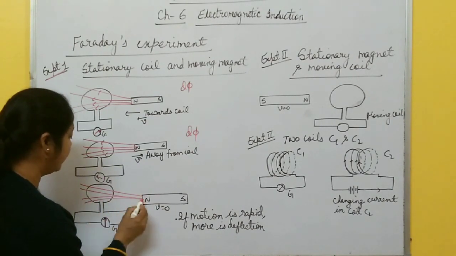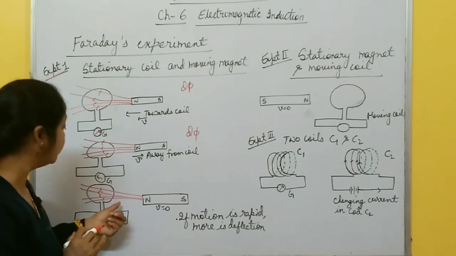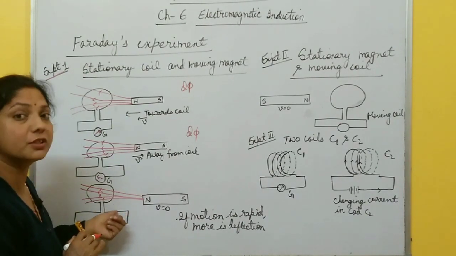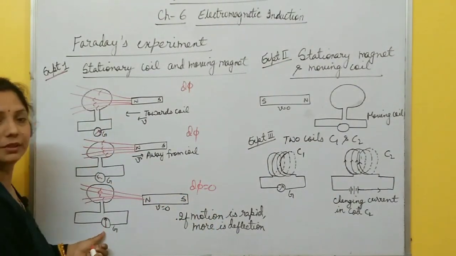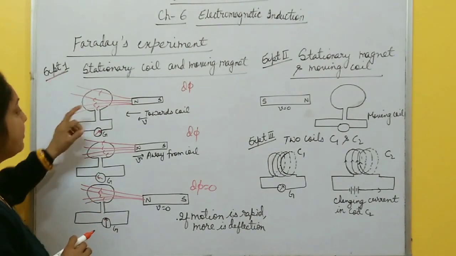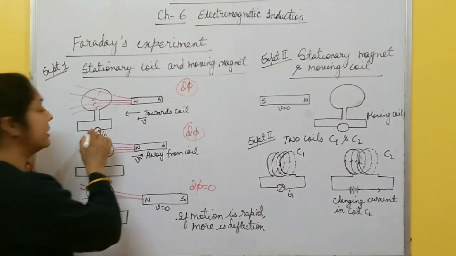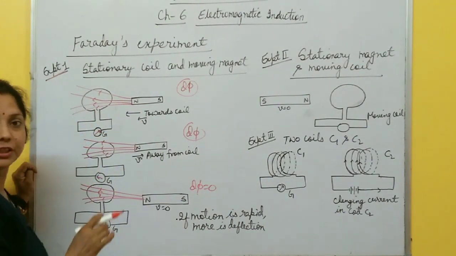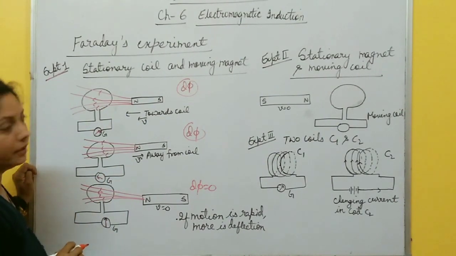If 4 field lines are passing, then every time only 4 field lines are passing. No change in field lines means no change in flux. Change in flux is 0, hence the galvanometer does not show any deflection. From here it's clear that whenever there is a change in magnetic flux linked with this coil, this galvanometer shows deflection. It means some current is flowing through this coil, right?